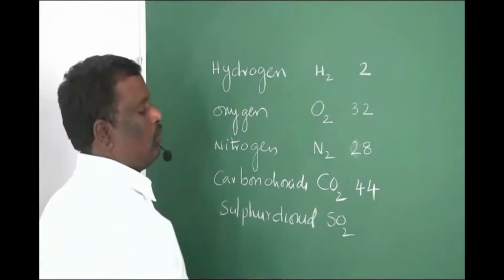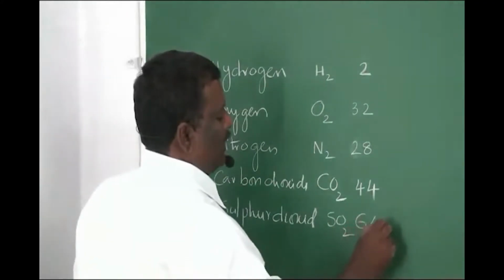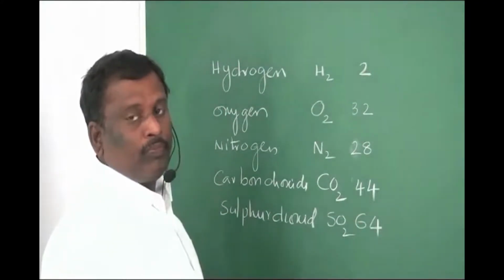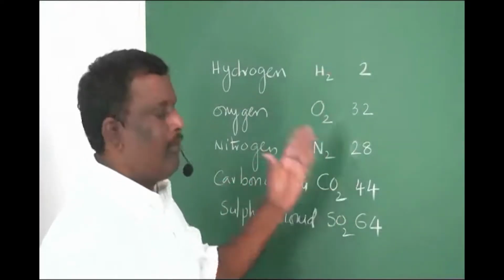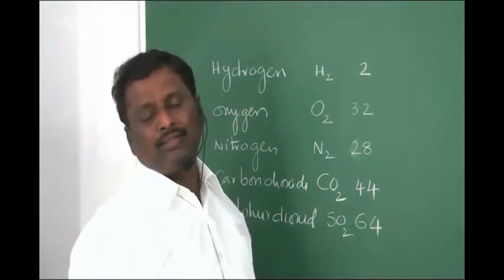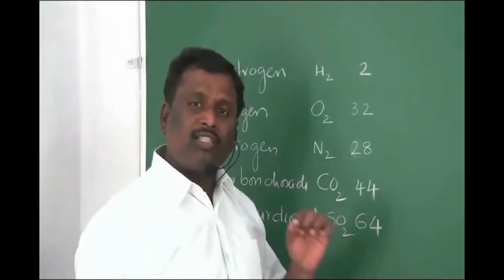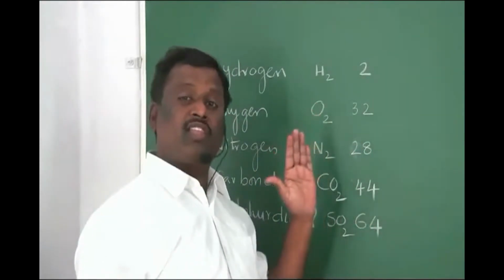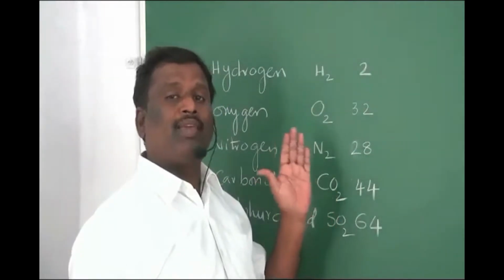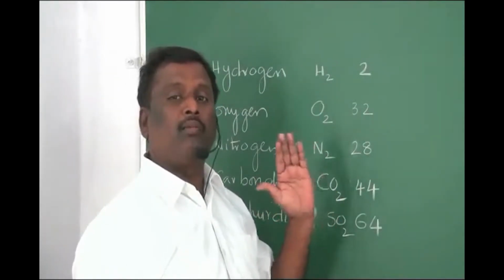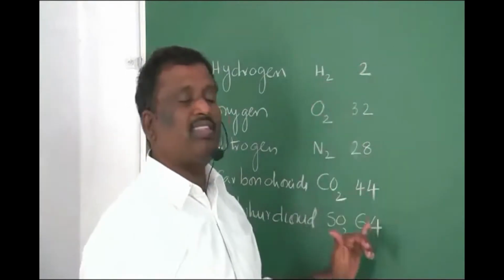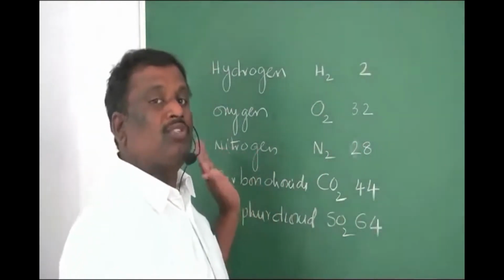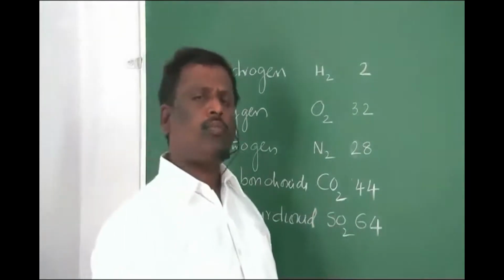This SO2 molecule is 64 times heavier than 1 AMU. So all these are simple numbers which denote how many times heavier that particular molecule is than 1 AMU or 1 atomic mass unit. So this is said to be the molecular weight of those molecules respectively.